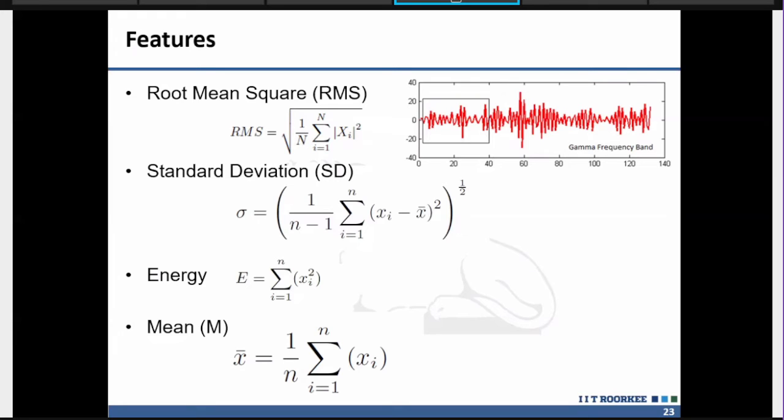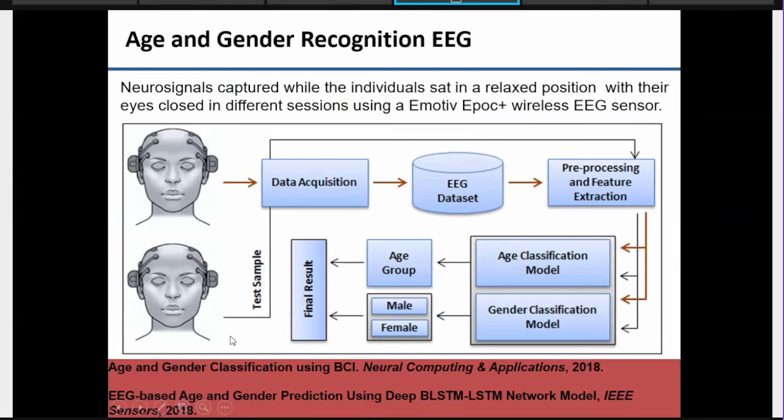These days people are not using handmade features like root mean square, standard deviation, mean or energy. Instead, they use deep learning based features, like long short-term memory and bidirectional long short-term memory, where you do not need to extract any features. These deep learning models are capable of extracting the features automatically, and then they use the classification for predictions. So you have these different classifier models.